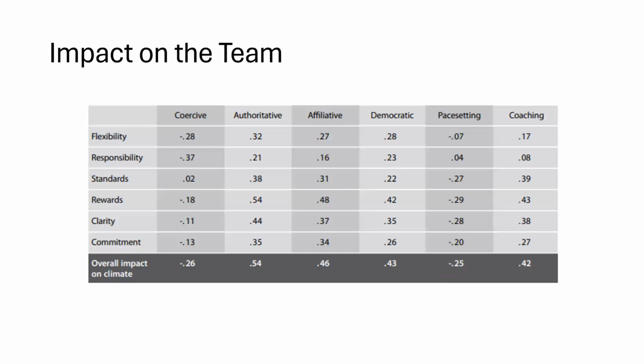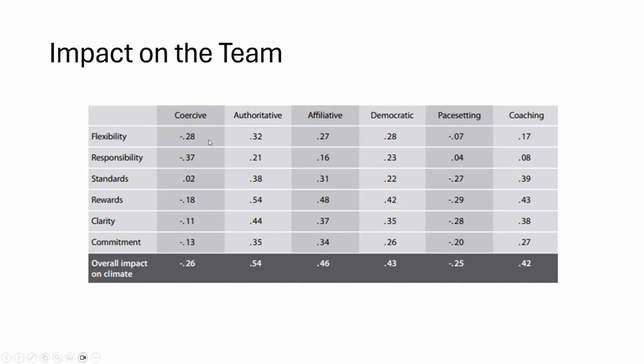He calls it the climate of the team. Leaders apply different styles of leadership, and in his study he looks at the impact on things like motivation, morale, and engagement. The behaviors that go with that are listed on the left: flexibility, responsibility, standards, rewards, clarity, and commitment.